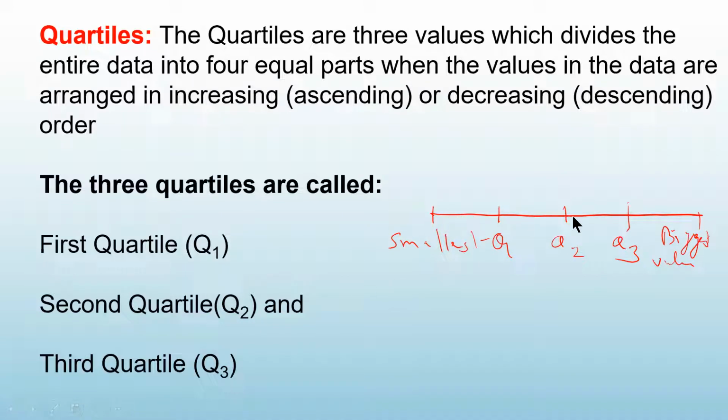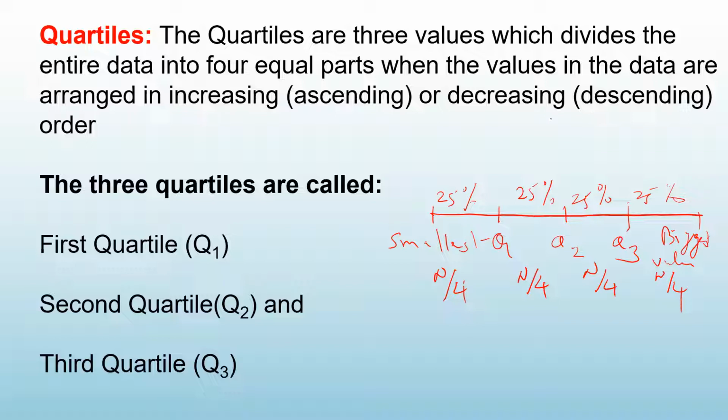Now see, this is dividing the data into 4 equal parts. That means each part contains how many values? 25%. Okay? 25% of the values, which means n upon 4. Each part contains n upon 4 values, where n is the total number of values in the data.